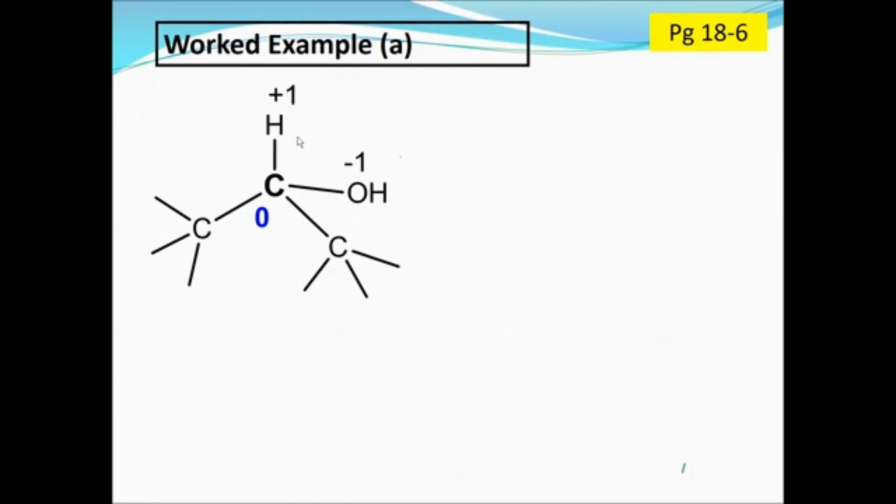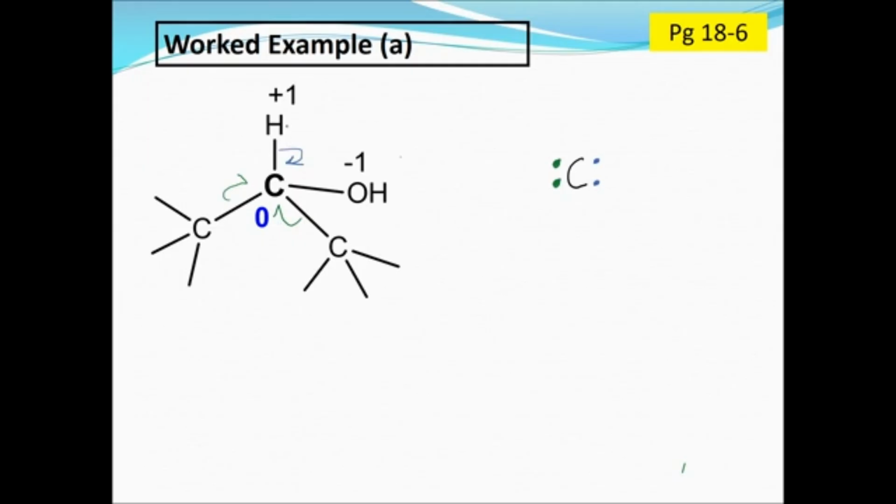The hydrogen is given as +1. The oxygen is -1 because of the CO single bond. So in this case, we can consider the carbon itself first and how the covalent bond will break if it's ionic. So that's the first method. The CC single bond, you break in this manner, you go to the carbon.